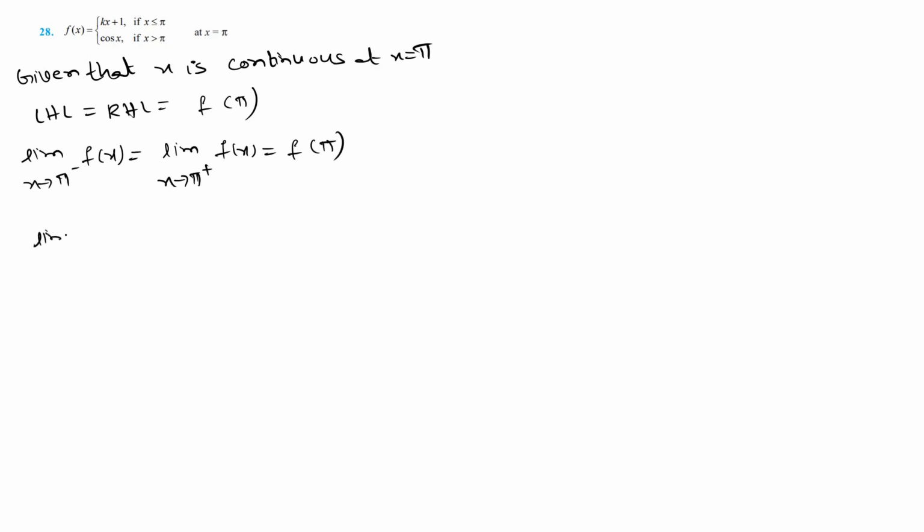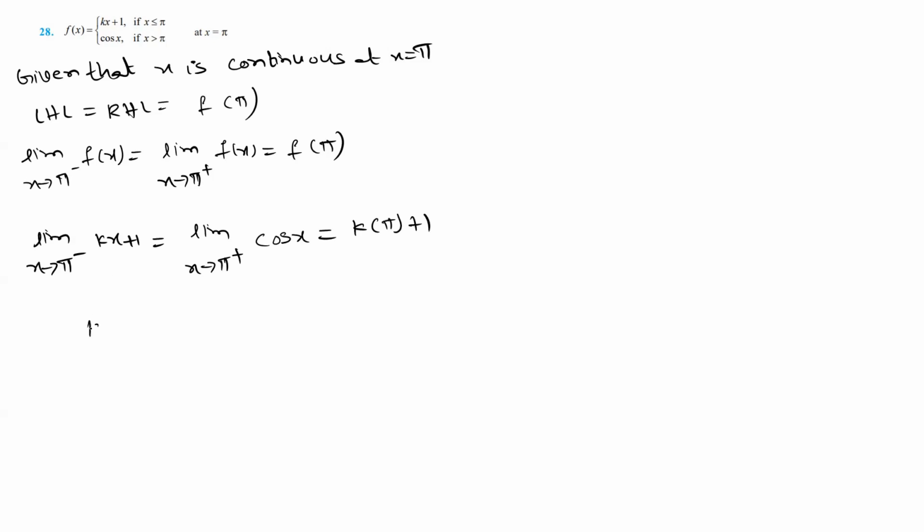Limit x tends to pi minus of kx plus 1 is equal to limit x tends to pi plus. Pi plus means greater than pi, so we get cos x, which is equal to f of pi, that is kx plus 1. So k into pi plus 1.